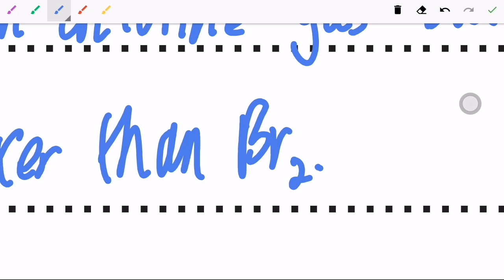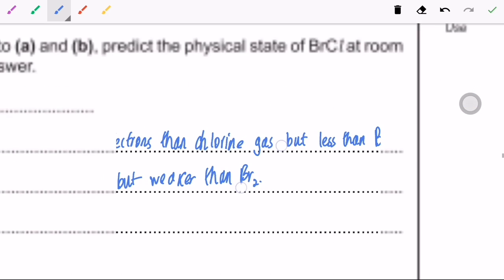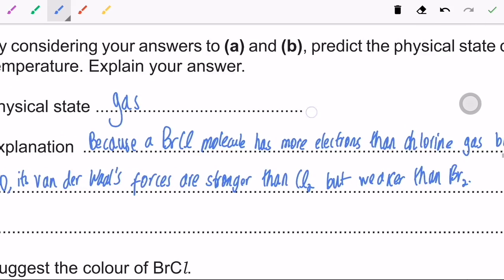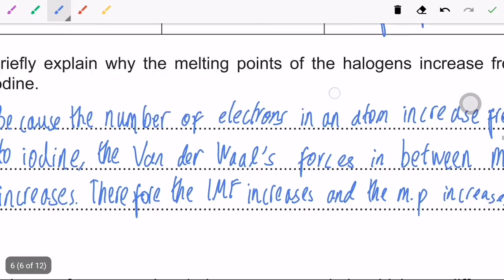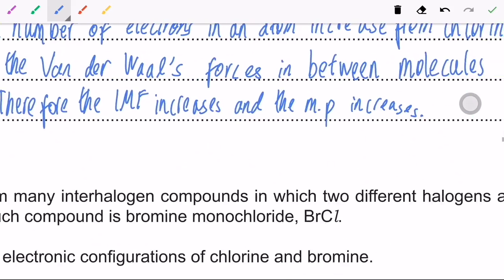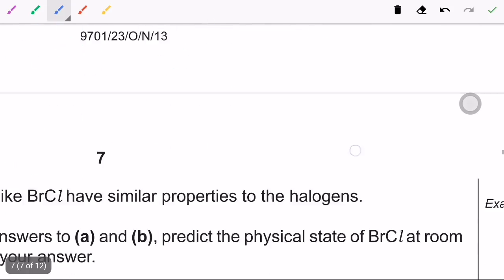So this is what we call prediction. We must know that the melting point is greatly influenced by the electrons in halogens, as we wrote up here, right?